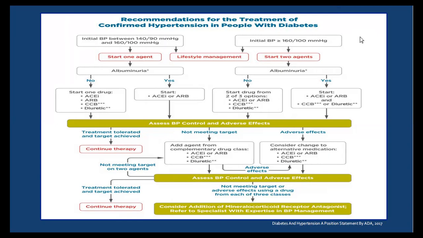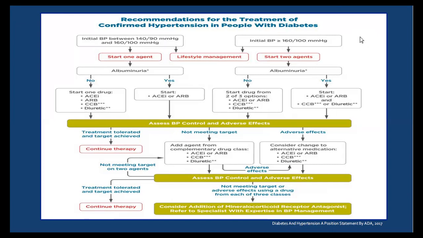Then you can also use calcium channel blockers like nifedipine. You can also use amlodipine, or you can use diuretics like hydrochlorothiazide, if the patient does not have protein or albumin in the urine.